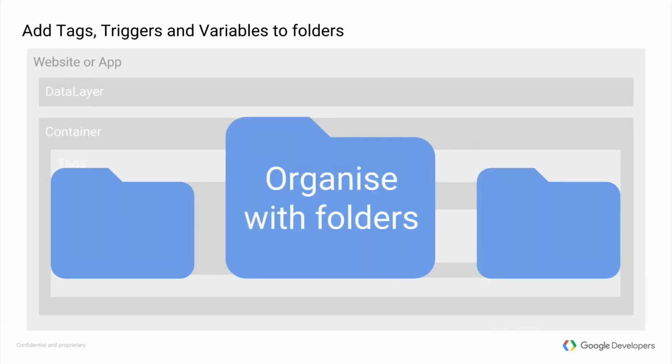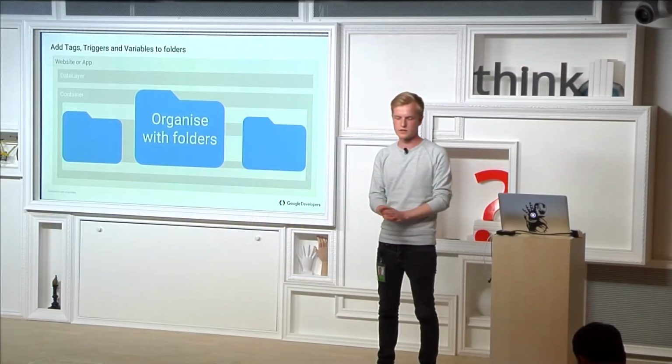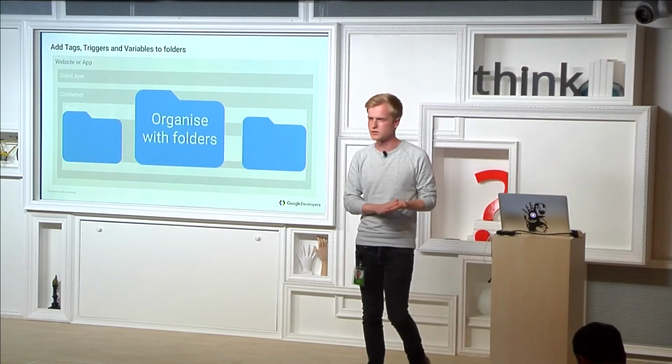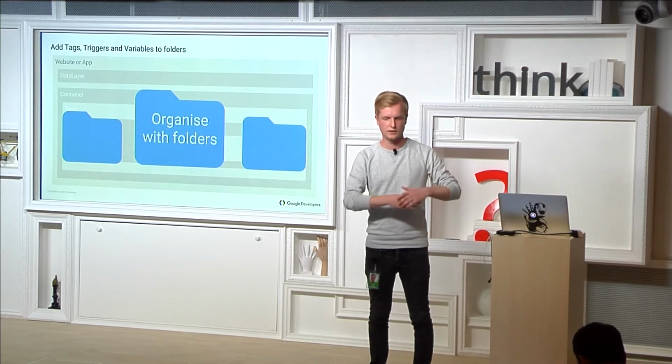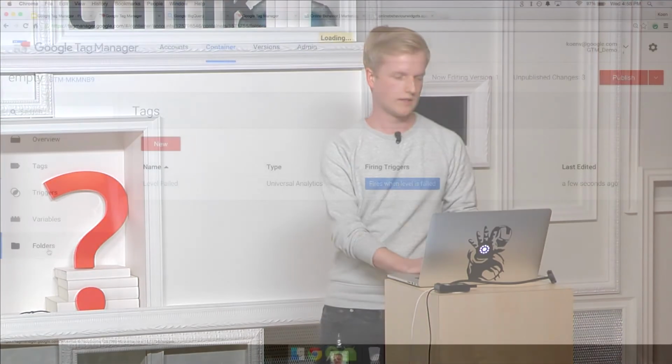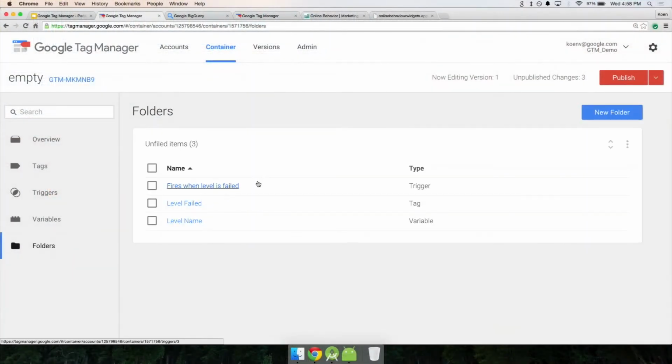OK. One of the main benefits of setting up a lot of different things with Google Tag Manager is that you can also easily manage a whole lot of tags by simply creating a folder. If we wanted to do that, we would go into our Tag Manager account and make a new folder.